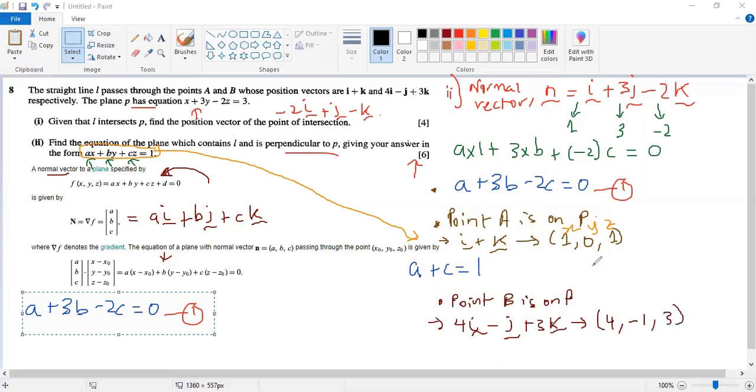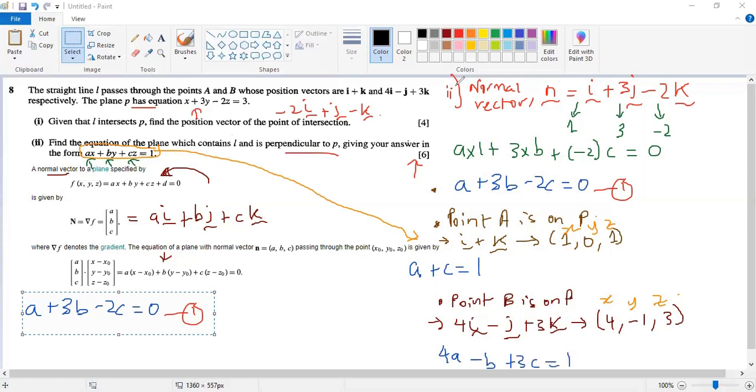Then I'm going to substitute it into the orange equation there. So 4a minus b plus 3c equals 1.